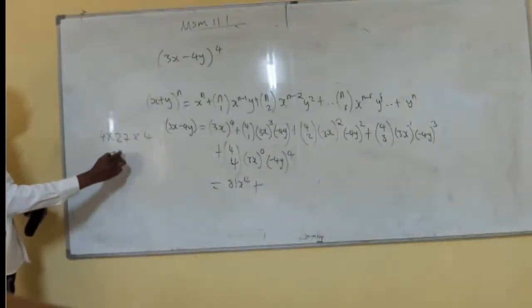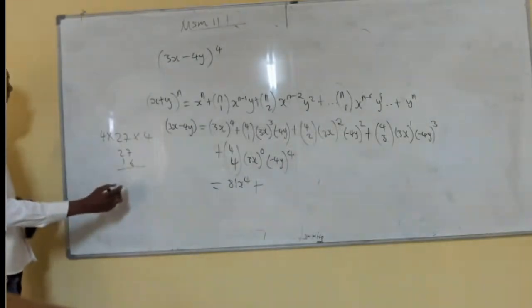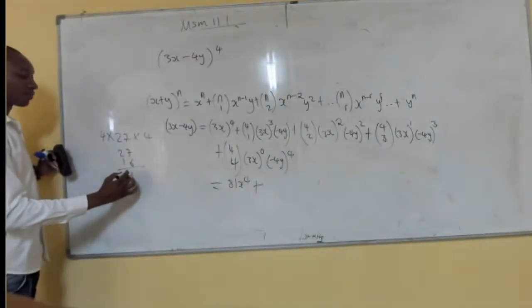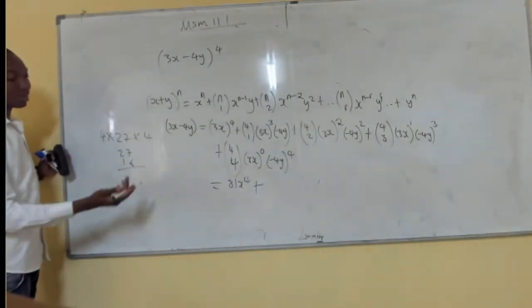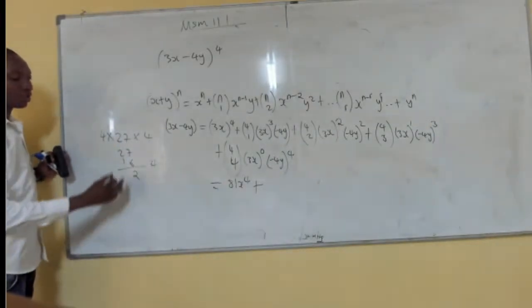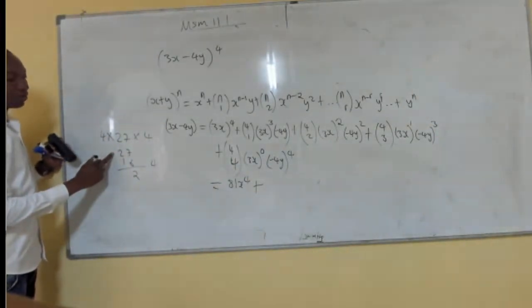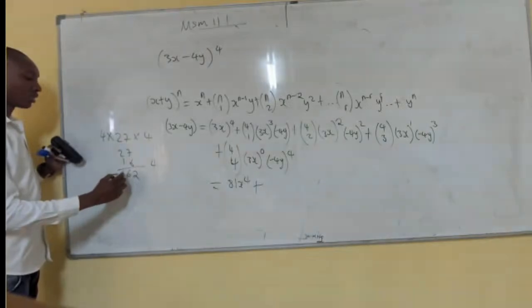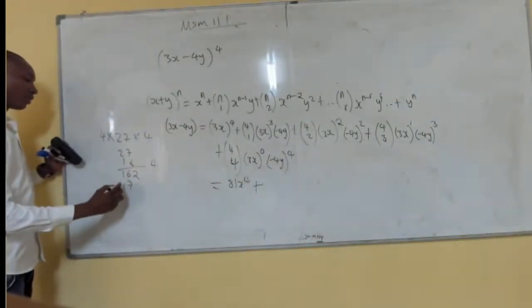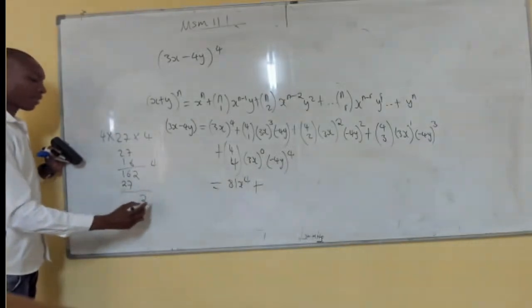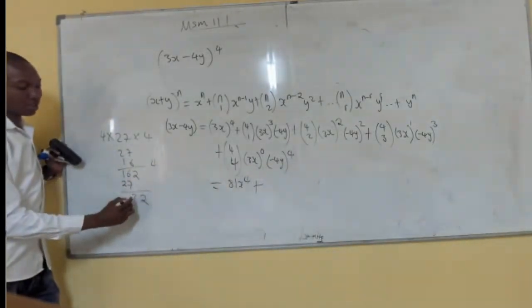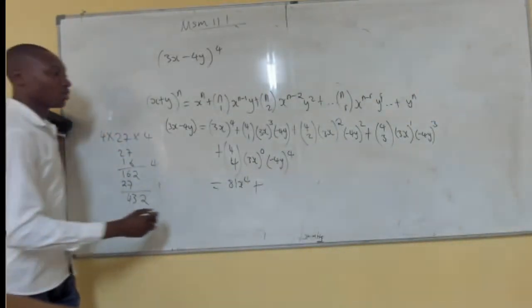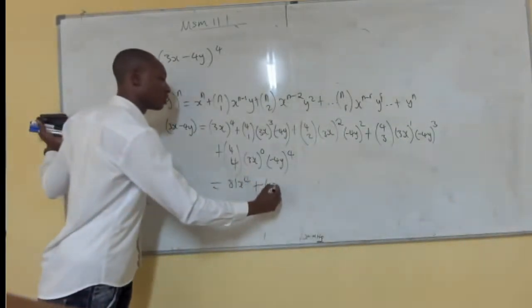So this is the same as 27 multiplied by 16, which is 432.